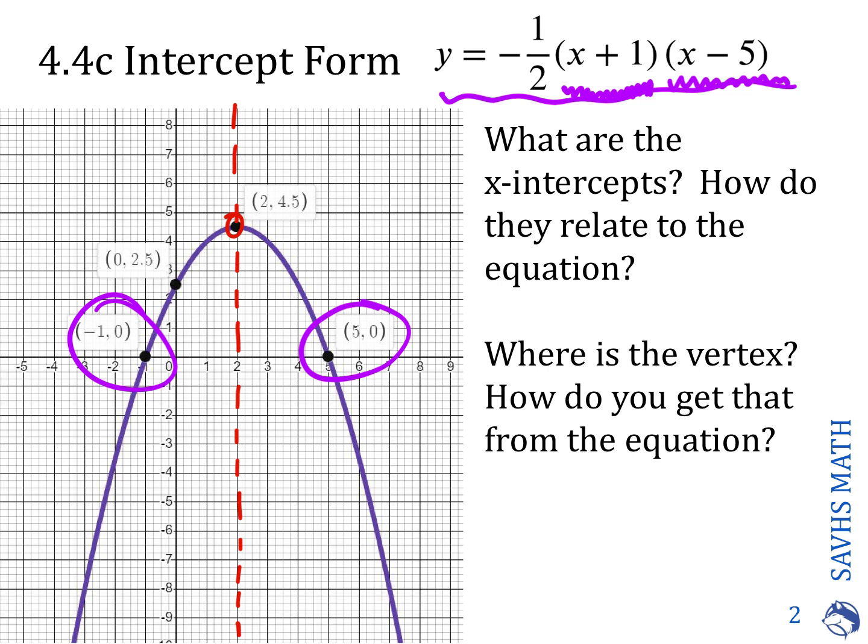And then we can use the x value that we find by averaging those x-intercepts to find the y value. So put that in and find out what you get out.